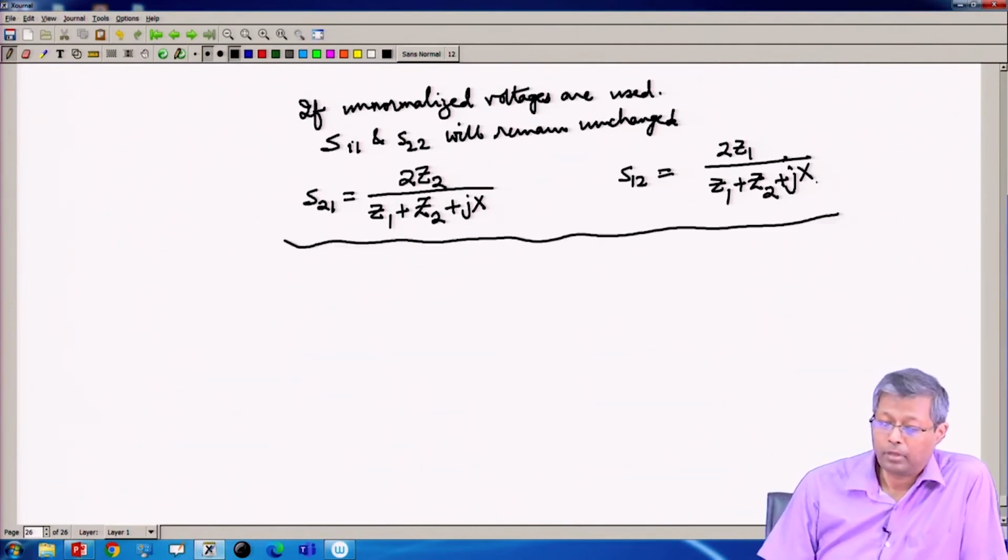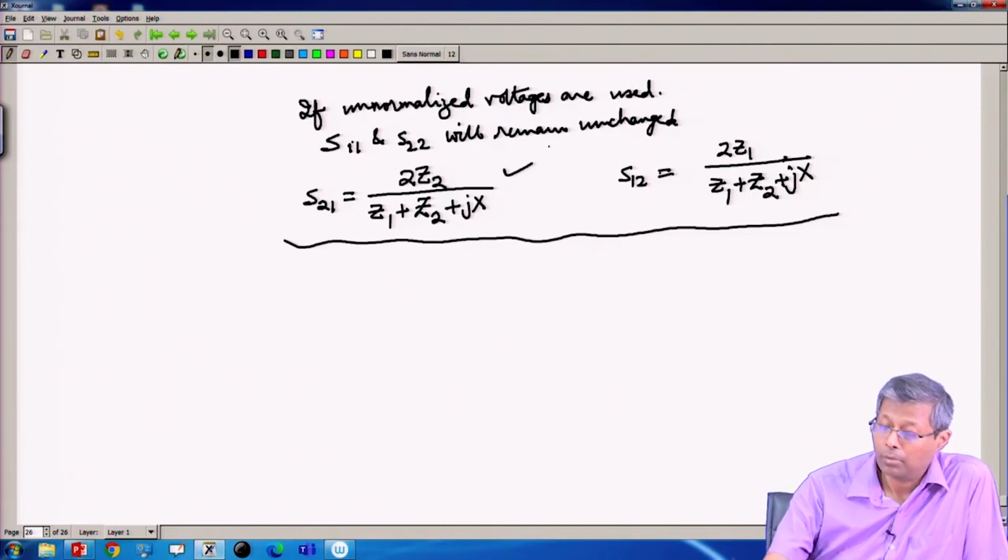So, if unnormalized voltages are used, let us see how these expressions come.